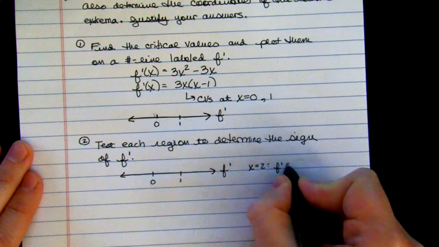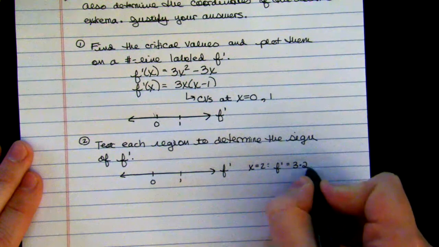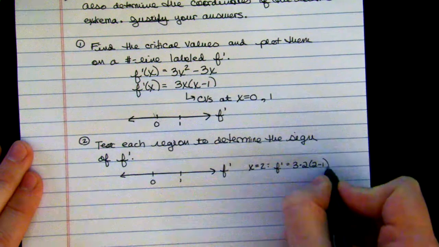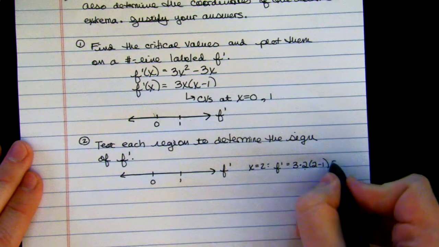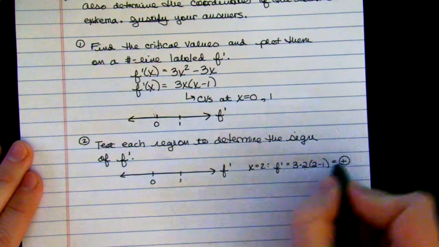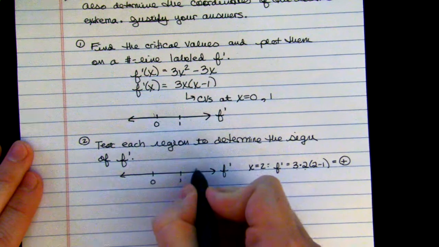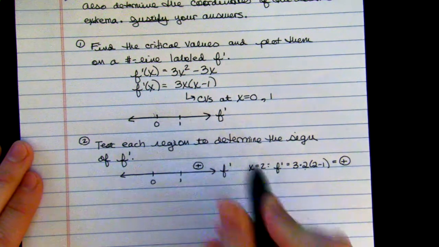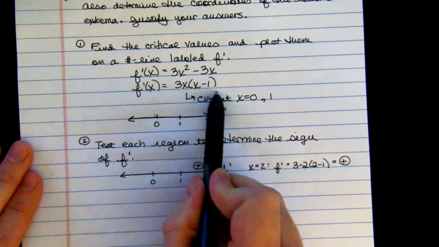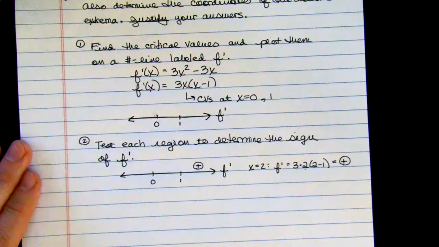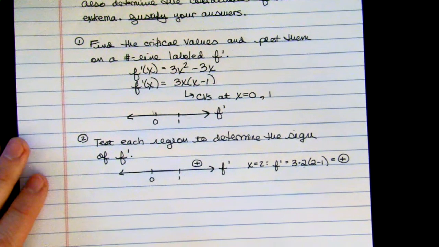F prime is going to give me 3 times 2 times 2 minus 1. 3 times 2 is 6 times 1 is 6. All I really care about, though, is that 2 gave me a positive answer. And in fact, any number greater than 1 that you plug into the factored version of the derivative will give me a positive answer.